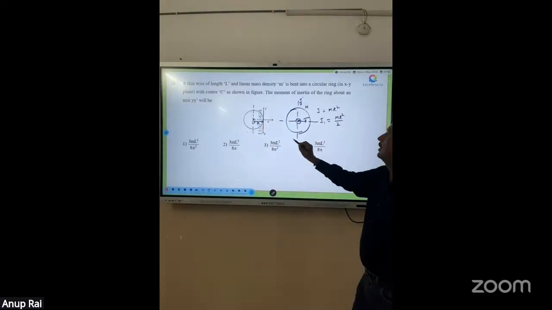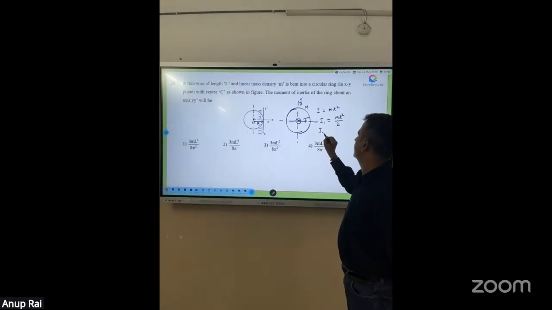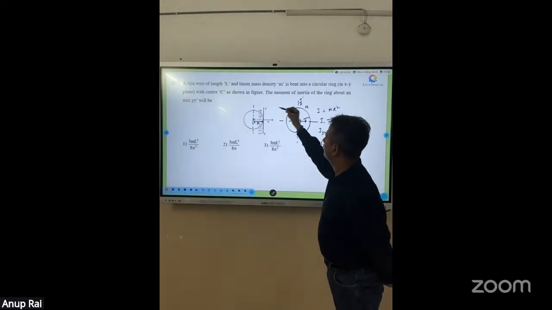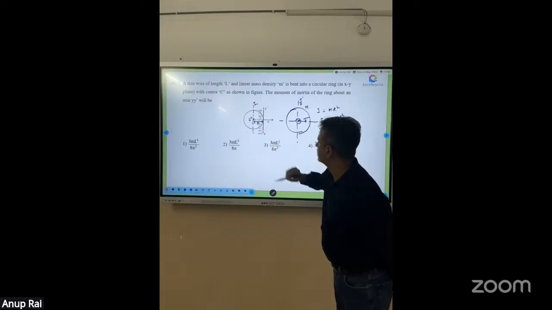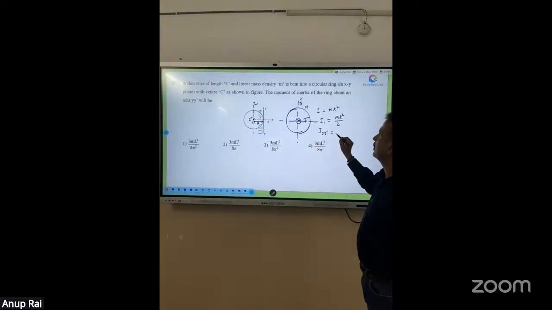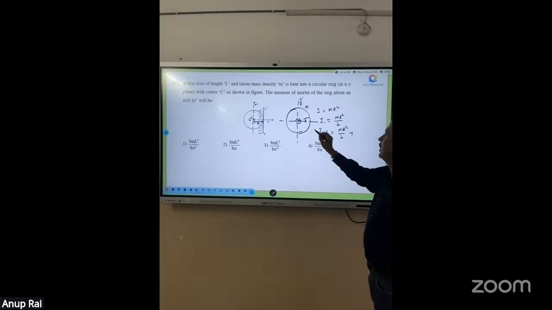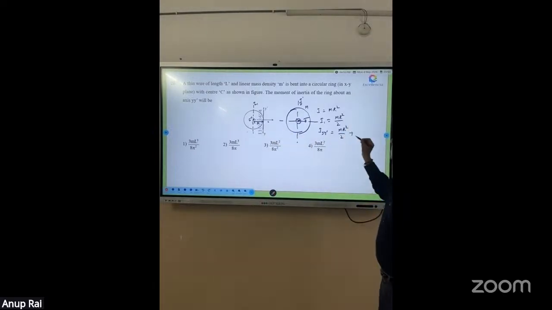This I1 is I center of mass, since it is passing through the center of mass. We got mr square by 2 as the I center of mass, plus the parallel distance term, which is mr square. Finally, it becomes 3 by 2 mr square.